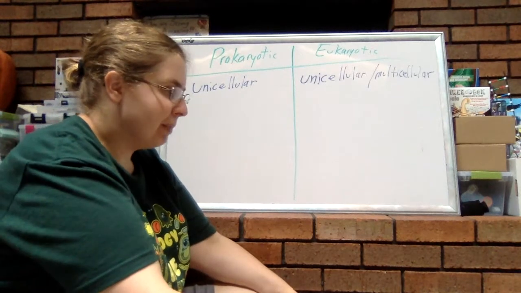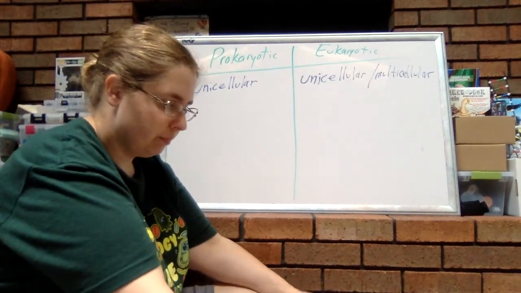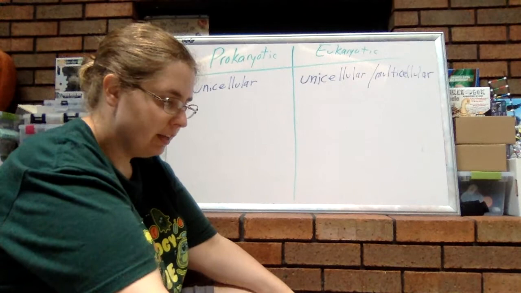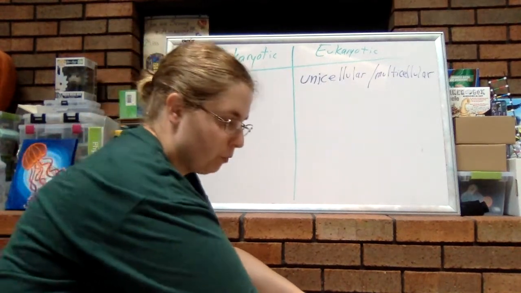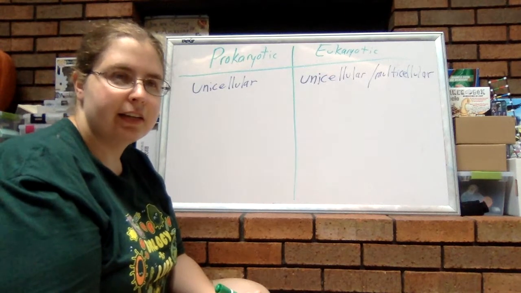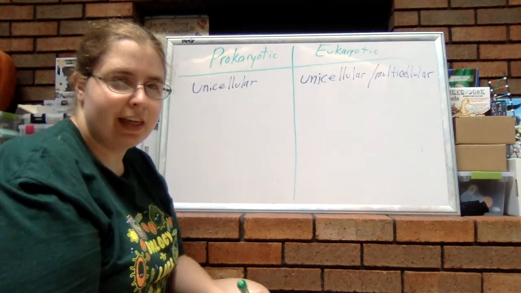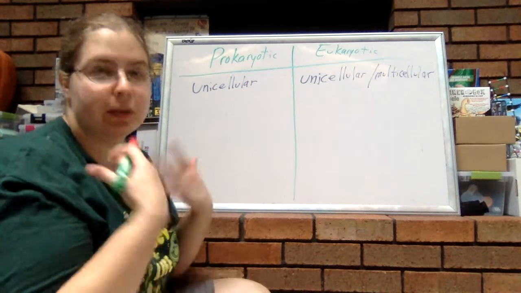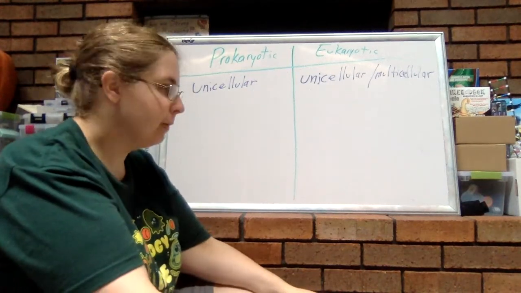Now, let's start talking about the actual cell itself. In terms of the DNA, the DNA of a prokaryotic cell is a lot smaller than a eukaryotic cell. We are eukaryotic organisms, by the way.